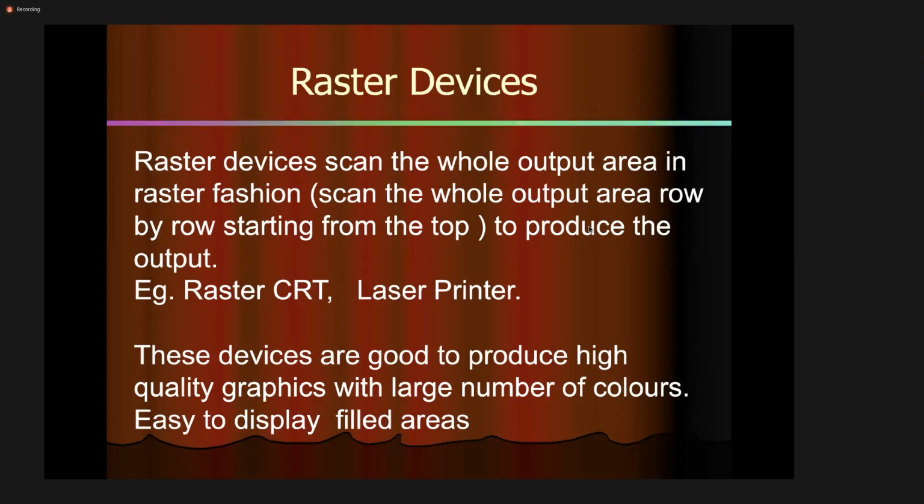And these devices are good to produce high quality graphics because the high quality comes from pixel by pixel. Each and every pixel is stored in the memory. Each and every pixel has its individual color value.